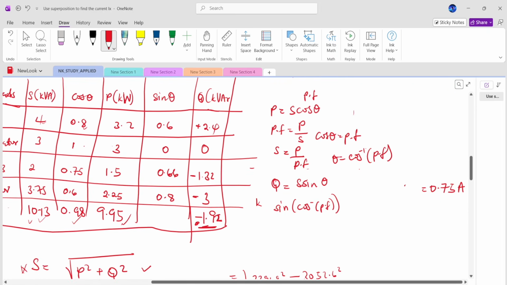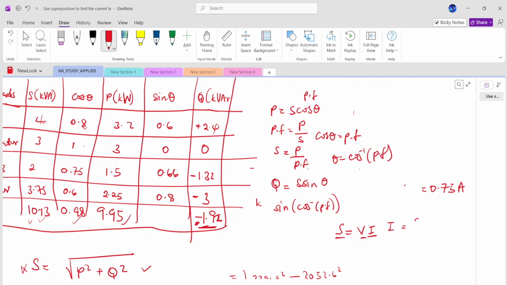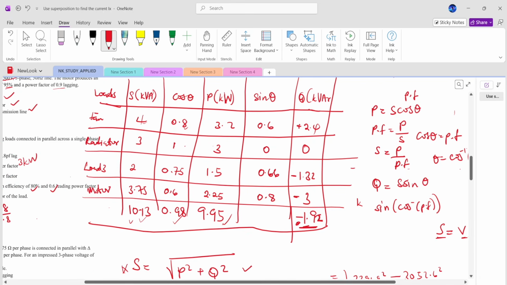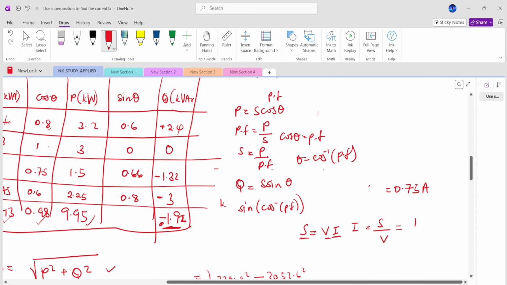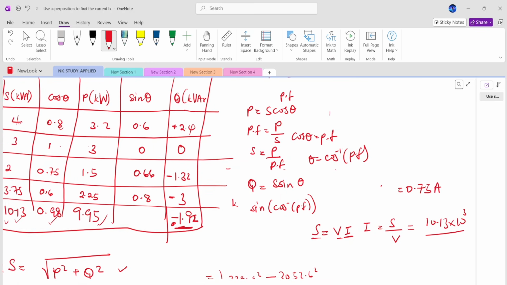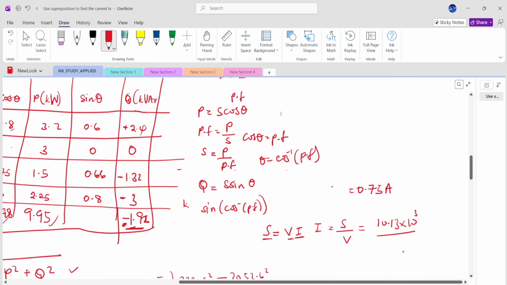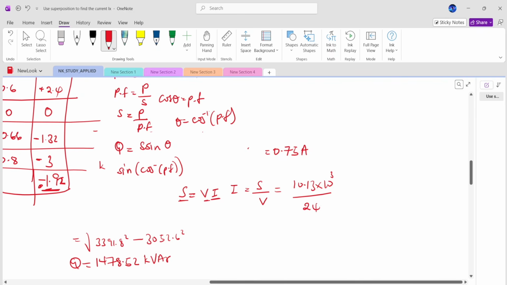So we know S is equal to V times I. Once I know my voltage and my S, I can find my I. So I will be equal to S over V. My total S was 10.13 times 10 to the power 3, remember, it is in kVA, divided by my supply voltage, which was 240.